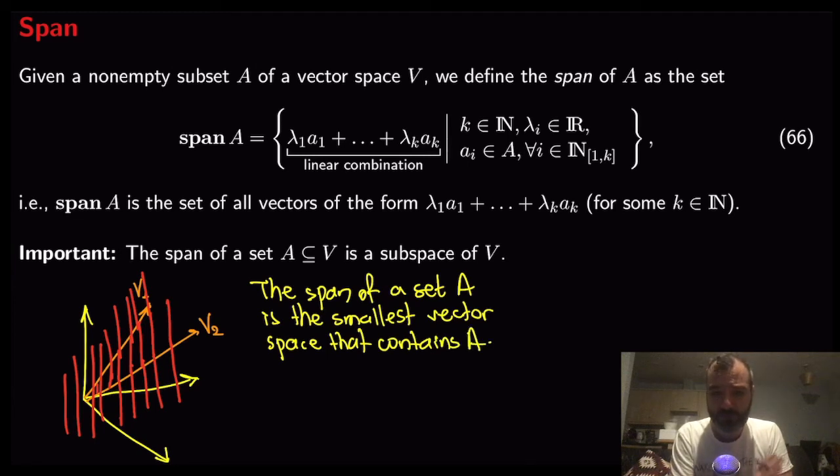The smallest vector space means that if a line can do the job, use the line. If you use one finger, there is a line that supports this one vector. This is the span. If I have two fingers parallel to one another, and a line does the job, use the line. That's the smallest one.